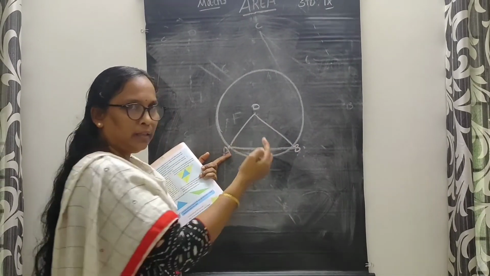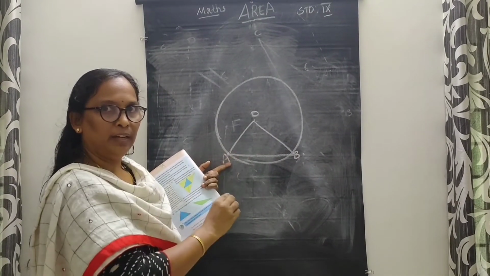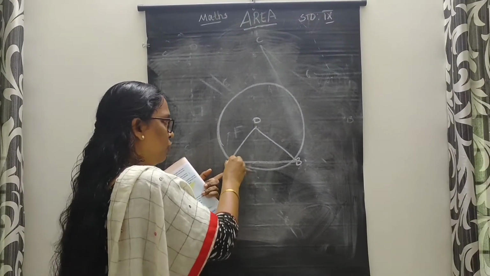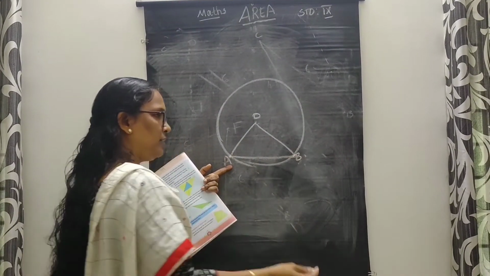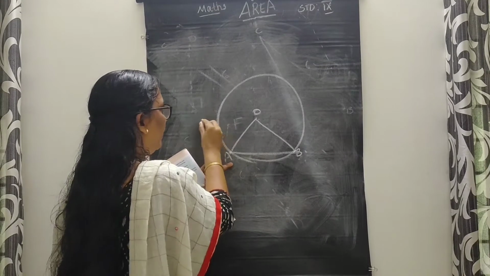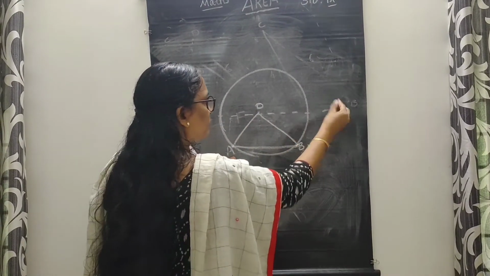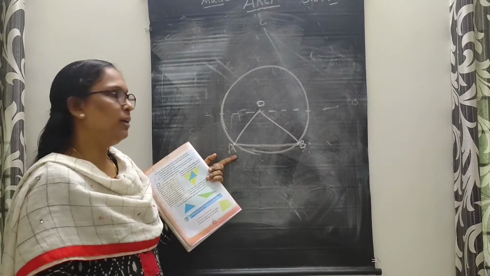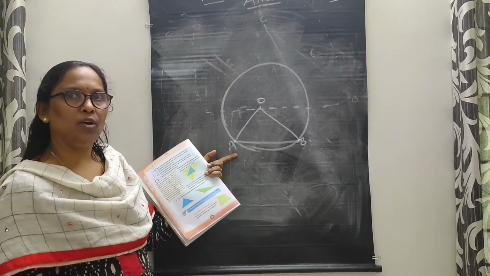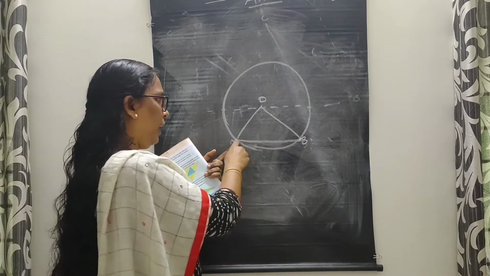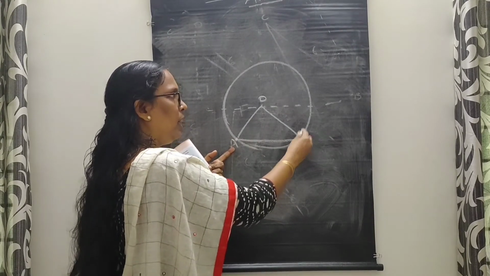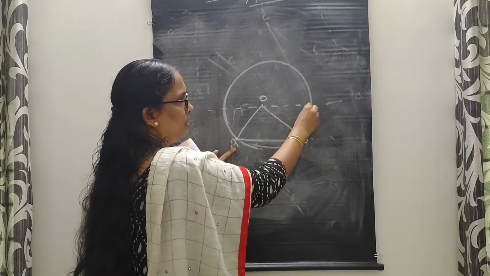We need another triangle with the same area. Same area means we need a parallel line. So we draw a parallel line through O. And we need three vertices on the circle. Here A and B are on the circle, and take the third vertex as this one.